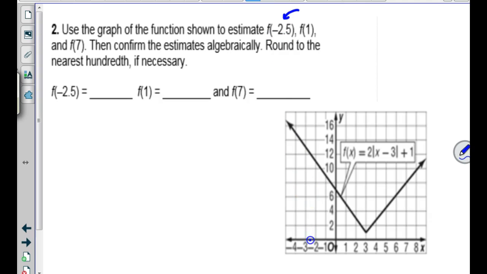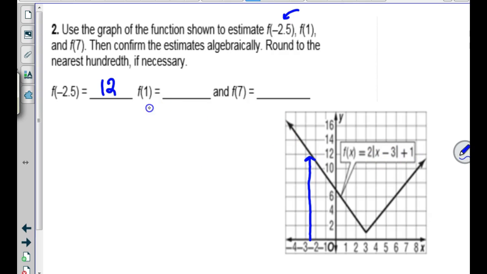So I go to X equals negative 2.5, and I figure out the Y value, which looks like it's 12. I could also get it by plugging it in here. Negative 2.5 minus 3 is negative 5.5, absolute value would make it positive, times 2 is 11, plus 1 is 12.